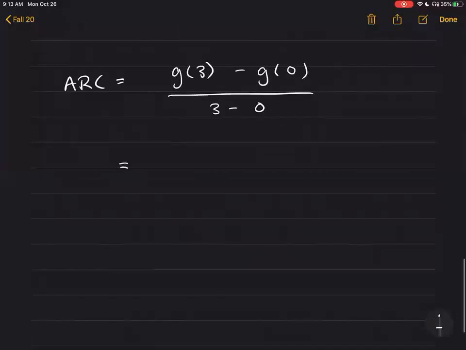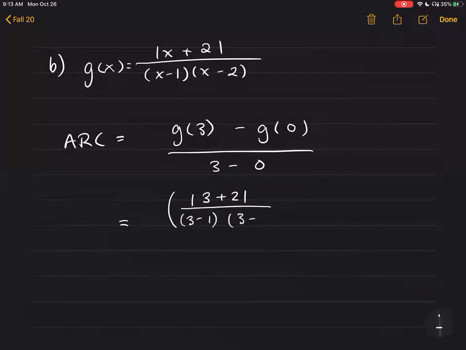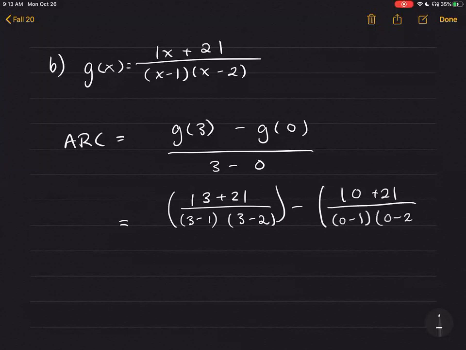And then if we plug that in, we get the absolute value of 3 plus 2 over 3 minus 1 times 3 minus 2, minus the absolute value of 0 plus 2 over 0 minus 1 times 0 minus 2, all over 3.